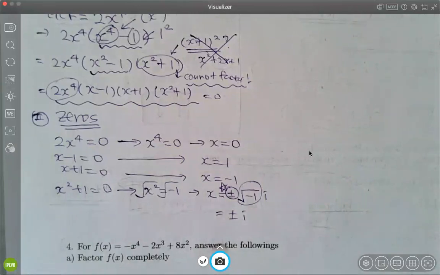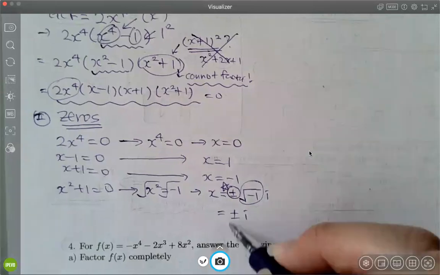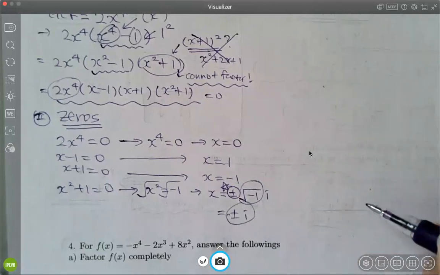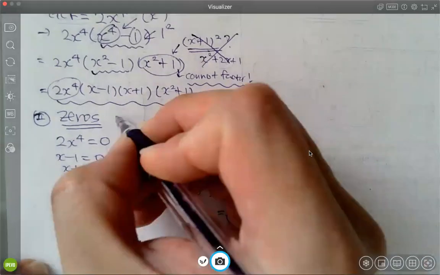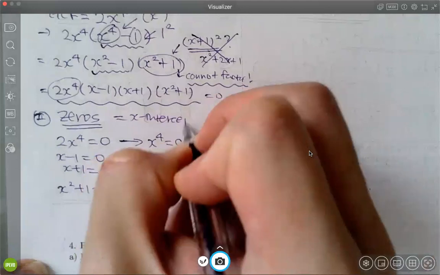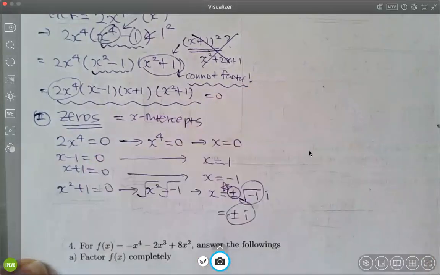So basically, you can guess that 0, 1, and -1 are part of the zeros, right? So the real issue here is, are plus minus i zeros? And here's another hint. Remember, zero is the same thing as x-intercept. So is plus minus i a zero?